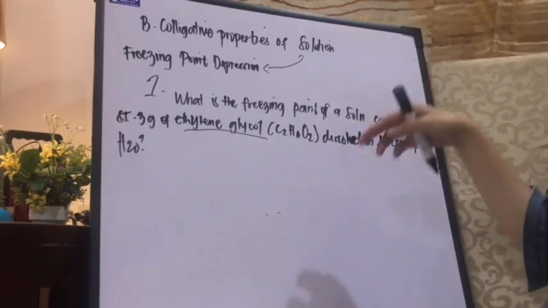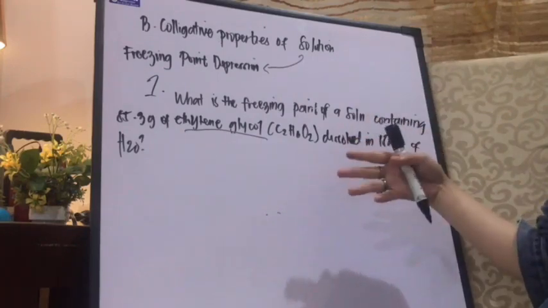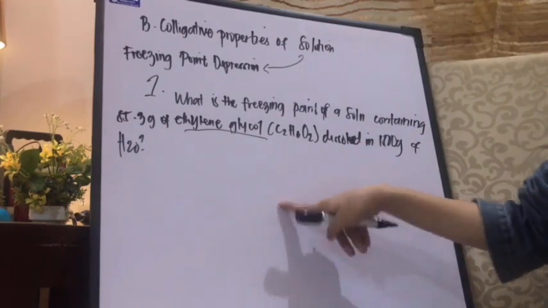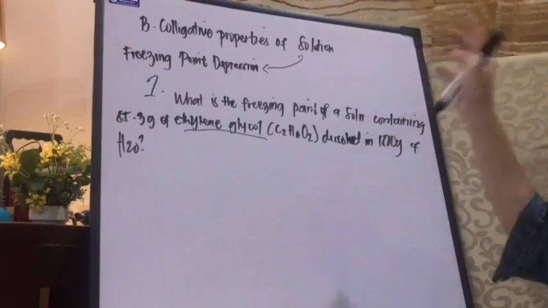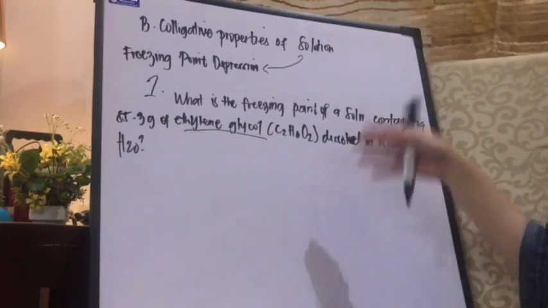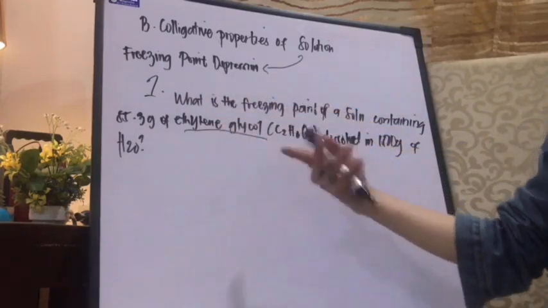For example, the freezing point of salt water is lower than the freezing point of pure water. Now that freezing point can be solved for quantitatively. Let's look at this example to see how it could be done.